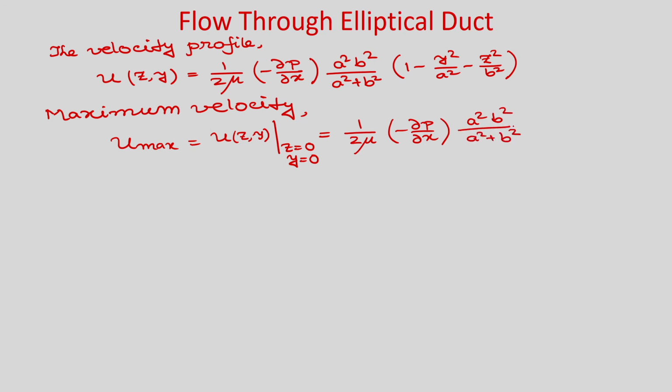So, this is the maximum velocity, and you can write this velocity profile in terms of u max as u of z, y is equal to u max into 1 minus y square by a square minus z square by b square.